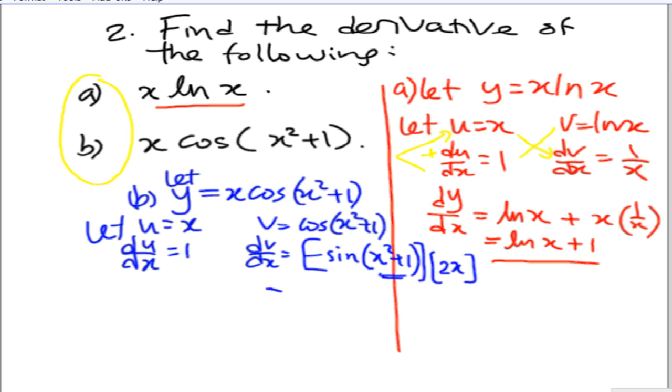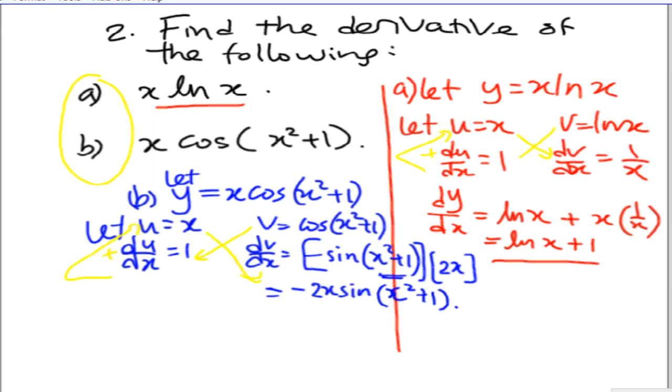Simplifying means negative 2x sine of x squared plus 1; usually we put the x in front of the trigonometric function. So now I do the fish.